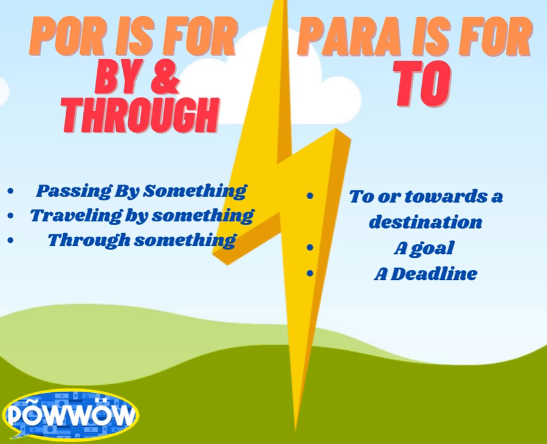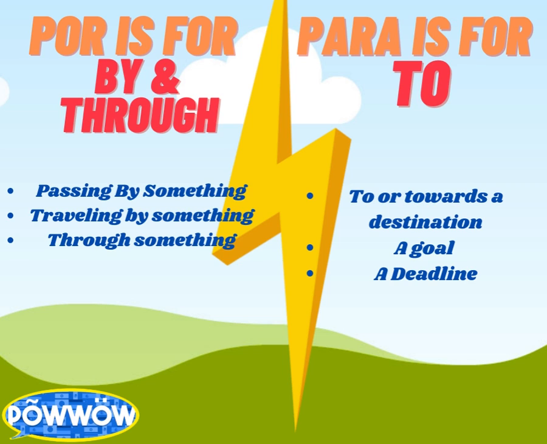You're traveling by train. You're traveling by bus. And also you're passing through something. So you're passing through the neighborhood. You're flying through the skies. You're racing through the traffic. So that's por being used for by and through.